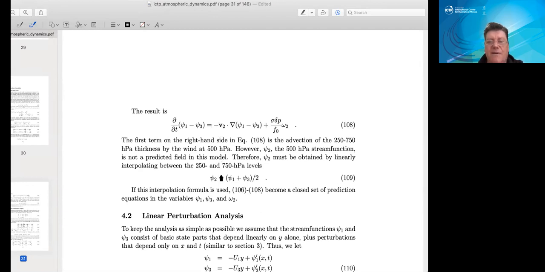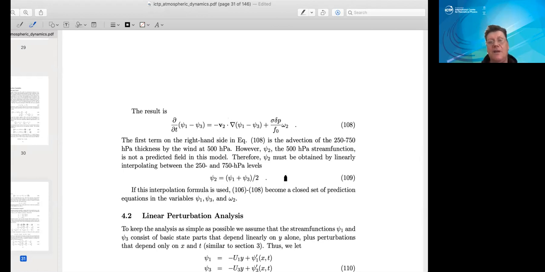That means we have to evaluate the stream function and velocities at level 2 using average values between level 1 and level 3 because we know stream function only at those levels. So we express the velocities and therefore stream functions at this level as the average stream function between level 1 and level 3.